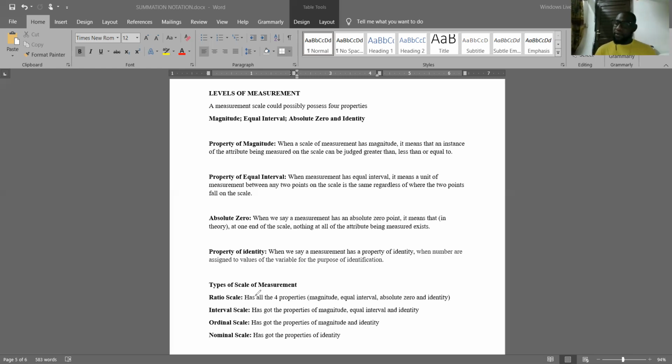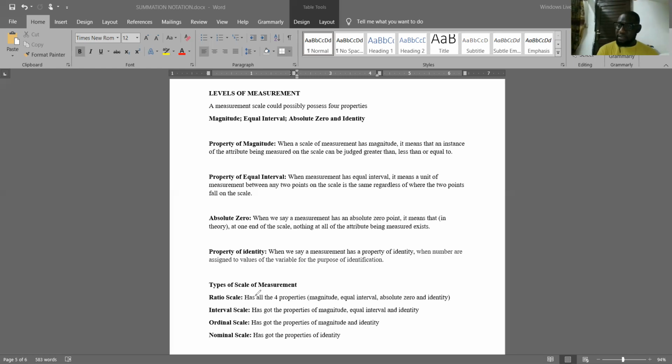So there is no absolute zero. So temperature falls under a scale of measurement known as interval scale, because interval scale possesses 3 out of the 4 properties: magnitude, equal interval, and identity, but not absolute zero.